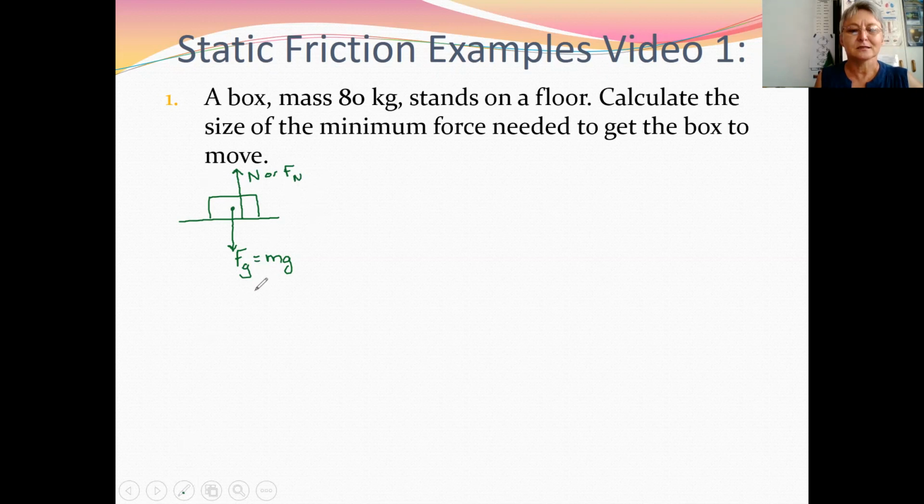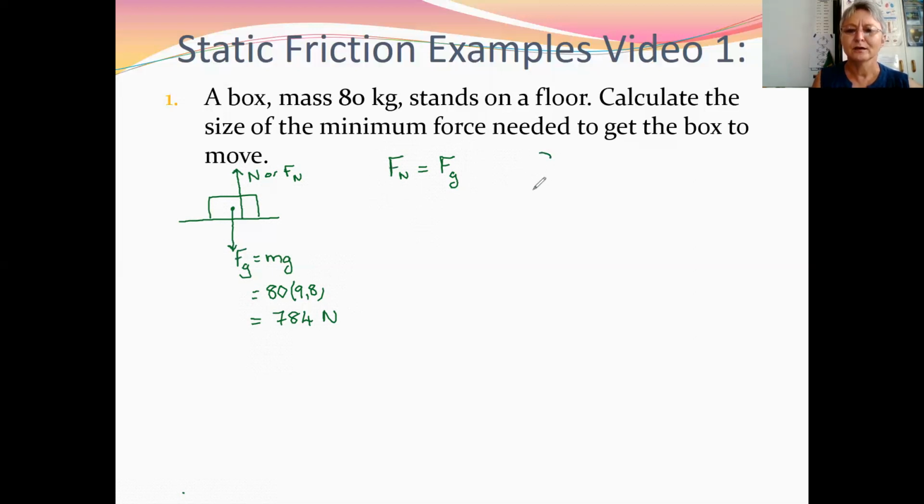Right, so the mass is 80 kilograms, and we can calculate the gravitational force, 80 times 9.8. That gives us a force of 784 newtons. Now, unless there is an applied force at an angle, the normal force would be equal to the gravitational force in size or magnitude, if you want to say that.